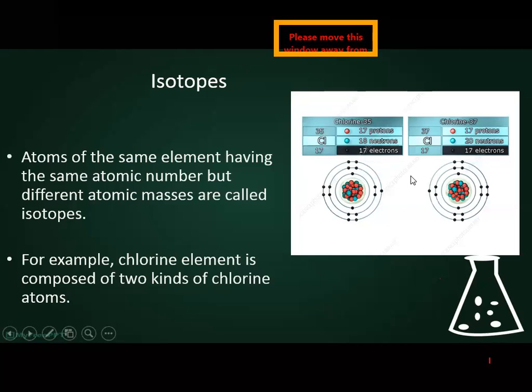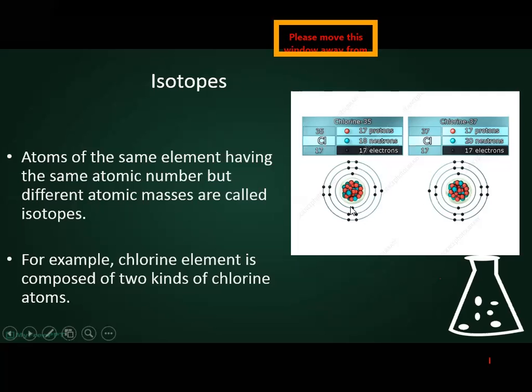Look at this picture. In this picture, they have shown us that in the nucleus, protons and neutrons are present, and around the nucleus in the extranuclear part, in the orbits, electrons are revolving. We know that the number of electrons is the same in all the atoms.